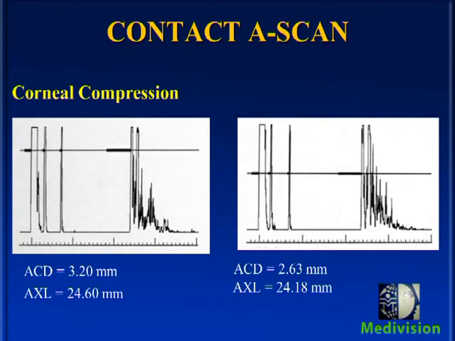The effect of corneal compression in this example is that the anterior chamber depth in the first scan of the same eye is 3.20, in the second scan 2.63, which indicates that in the second scan there is a compression of the cornea resulting in erroneous axial length.